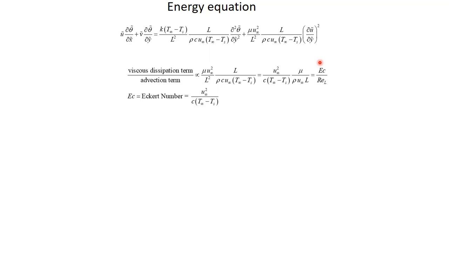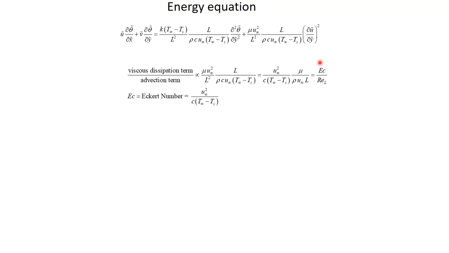And this is kind of an important thing. If you have ever used convection correlations, you probably haven't had to calculate an Eckert number, right? The reason is that most of the correlations that we use implicitly assume that viscous dissipation isn't very important, and as a result, the correlations don't even include the Eckert number.